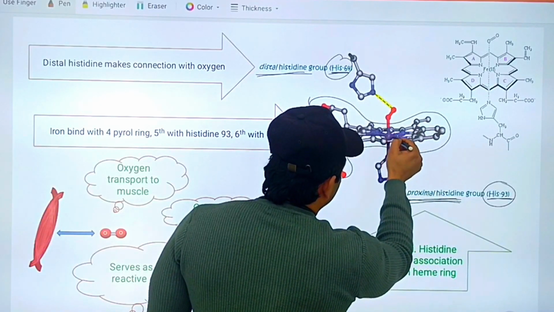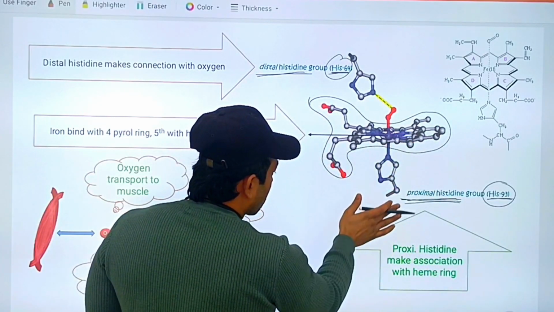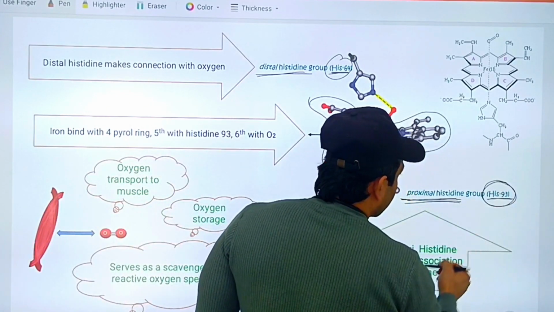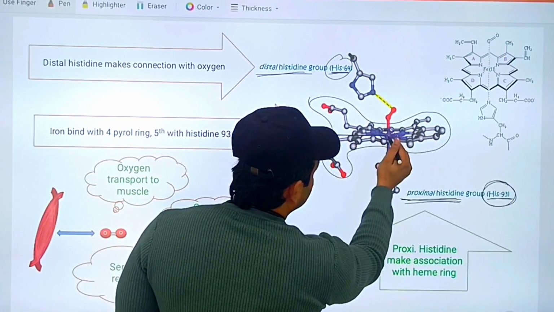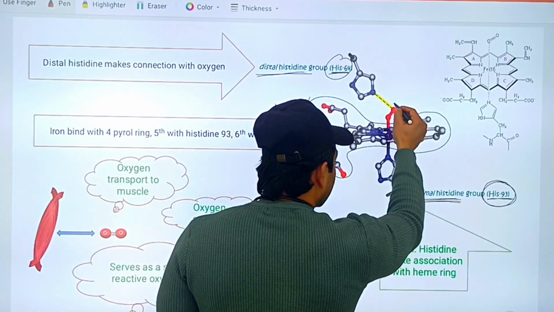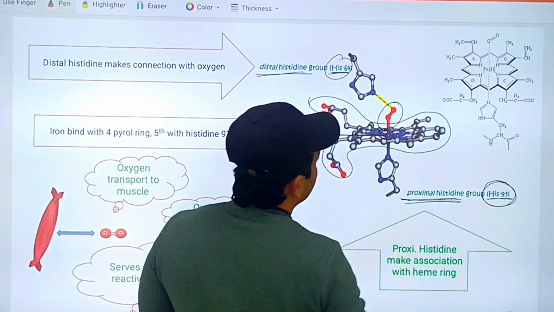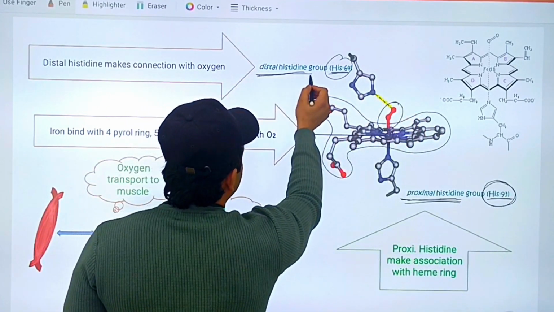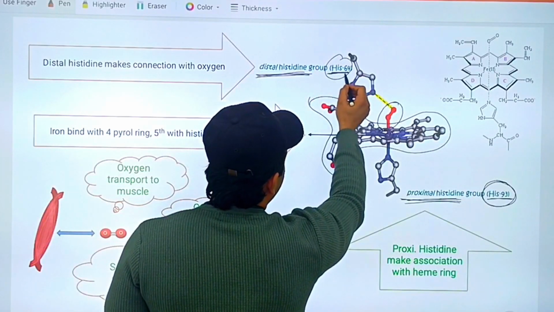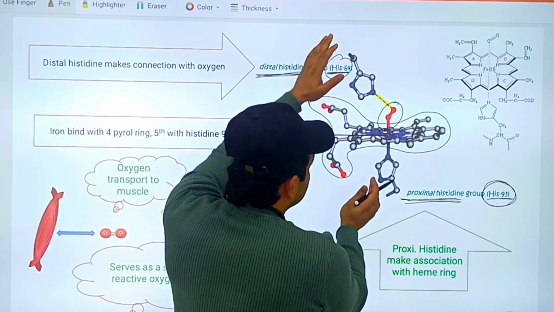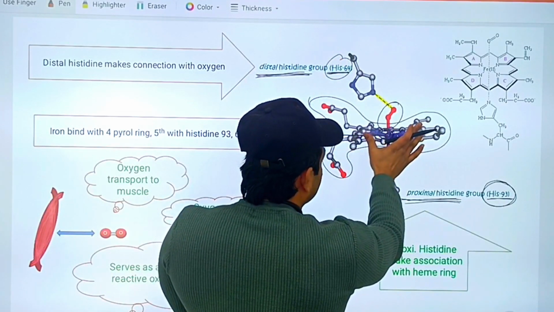So the histidine present at position 93 directly connects with the iron molecule, the center iron. Then this iron connects with the oxygen molecule, and this oxygen is connected with the distal histidine, which is present at position 64. This is how your myoglobin protein is connected with the heme moiety.